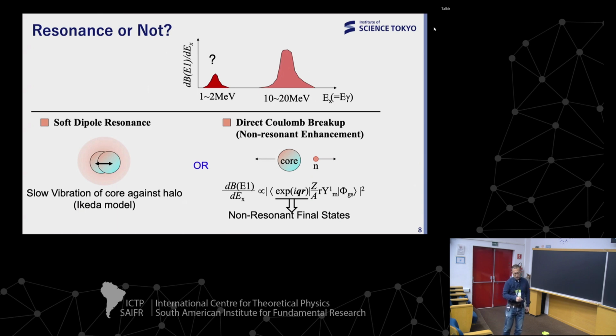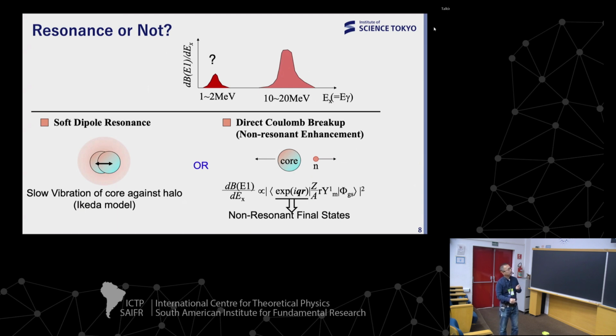But even without such a resonance, we may see the enhancement of the strength. It's called the direct Coulomb breakup model, where the neutron halo nucleus just breaks up without forming a resonance when it absorbs a photon.